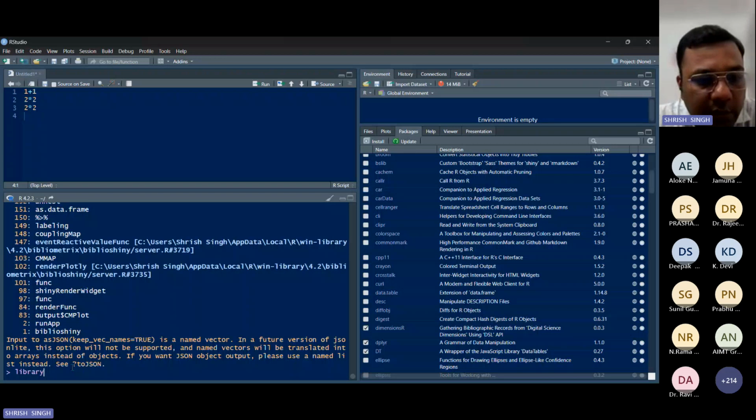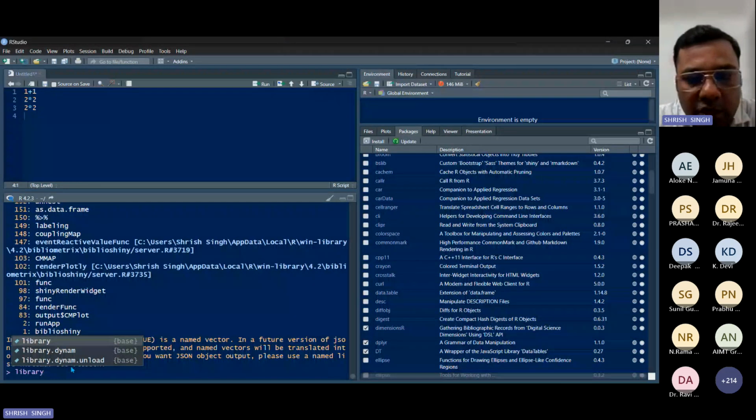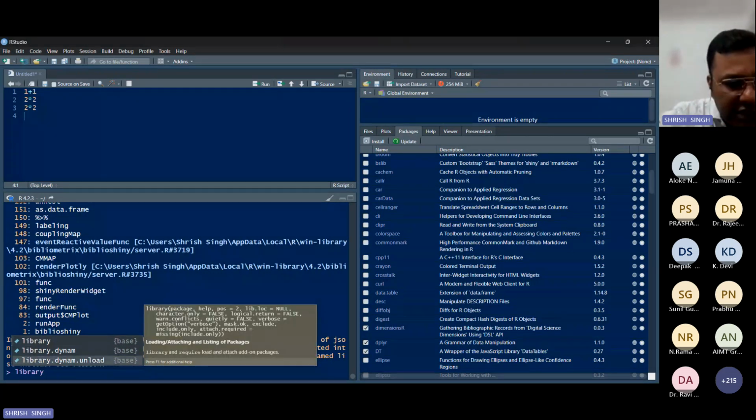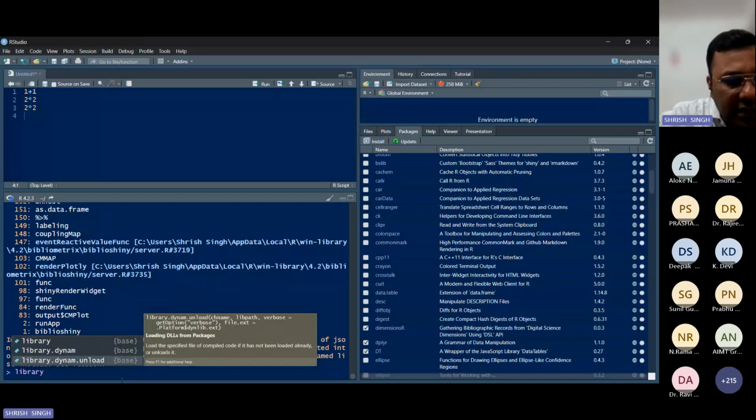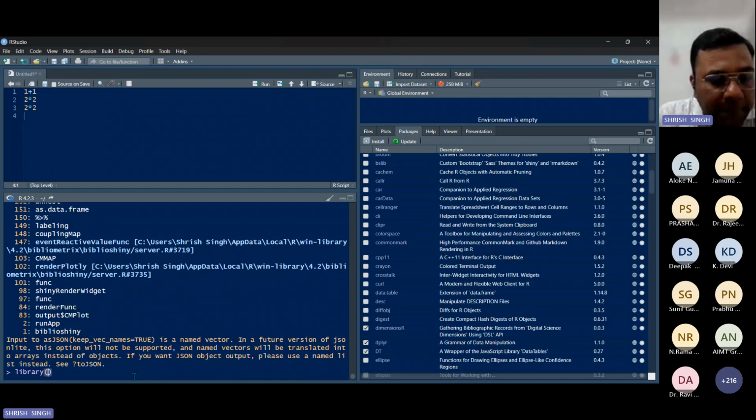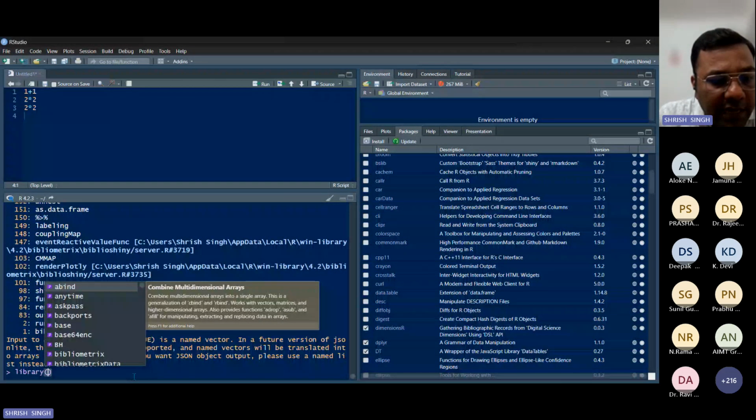So what you have to write, because this is a command and a command should be remembered by you. You can write down all these things so that it will be very easy for you after the session. So you will be writing library. After library, you have to start the small bracket, right? Whenever you start the small bracket, the closing bracket will automatically appear there. So library, small bracket starts, and inside the bracket you have to write bibliometrix.